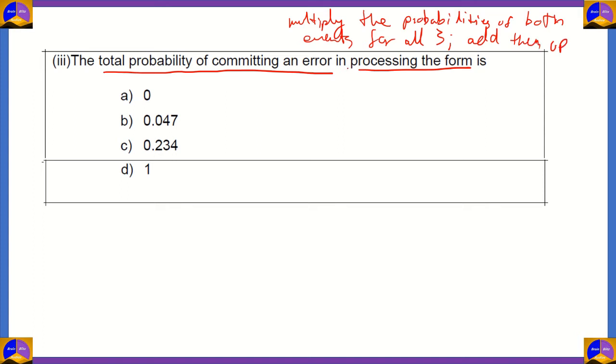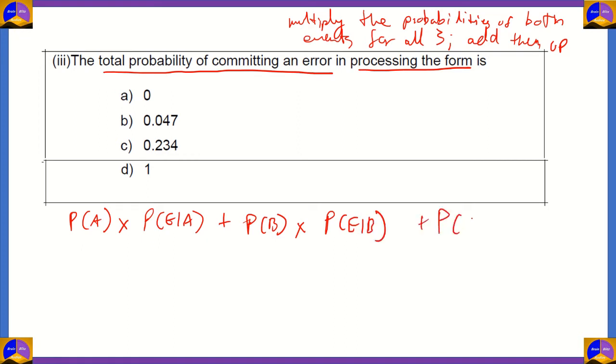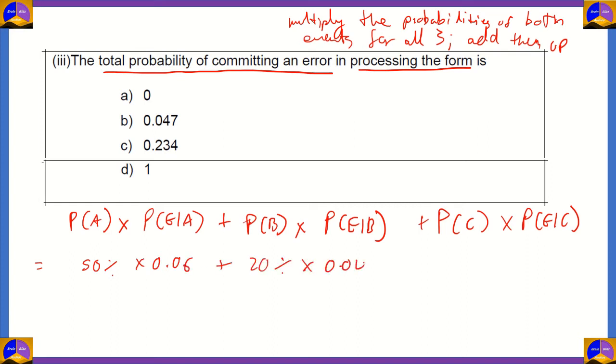So basically what we're going to be doing is multiplying P of A times P of E given A plus P of B times P of E given B plus P of C times P of E given C. So now we can write this down as 50% into 0.06 plus 20% into 0.04 plus 30% into 0.03.